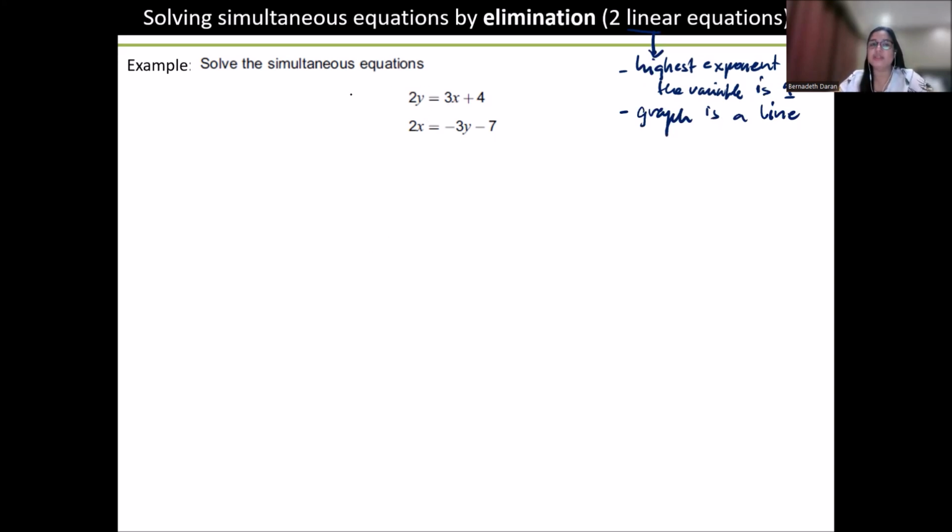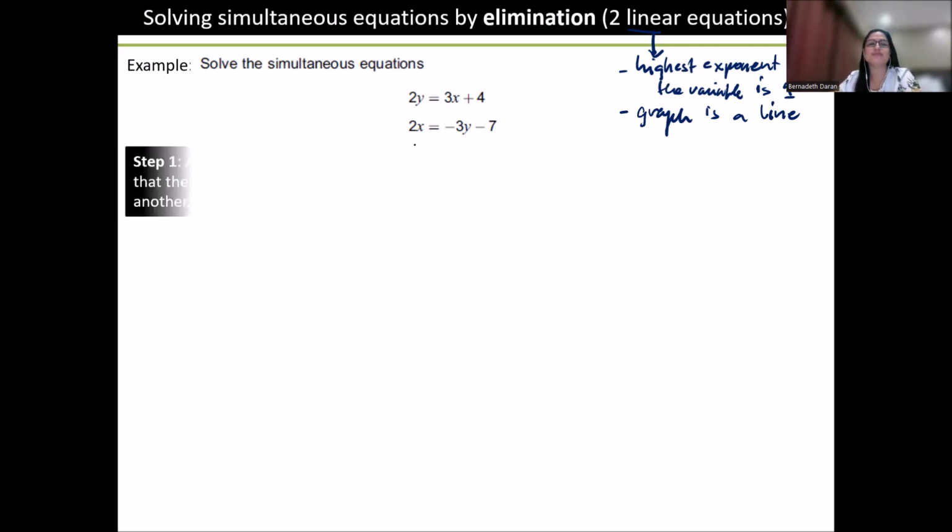In equation 1, we have y and x variable. In equation 2, we have x and y variable. So we're talking about the same variables. And if you will notice, the highest exponent of any of these variables is only 1. Okay, so therefore, we are talking about here two linear equations.